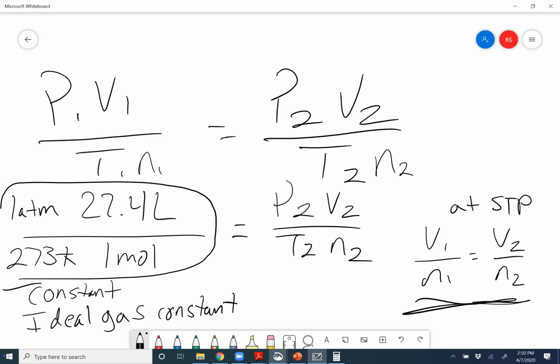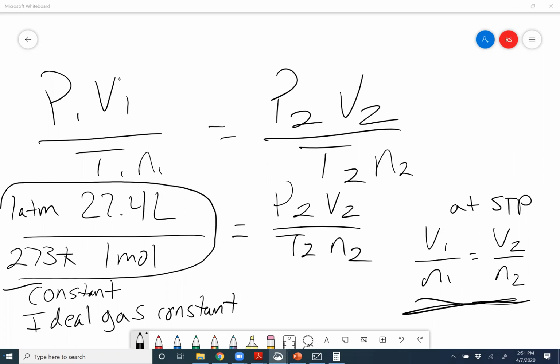If you have 1 mole of a gas at STP, it will take up 22.4 liters. Well, if we put that into our combined gas law now, that means this never changes. So we can rewrite this.